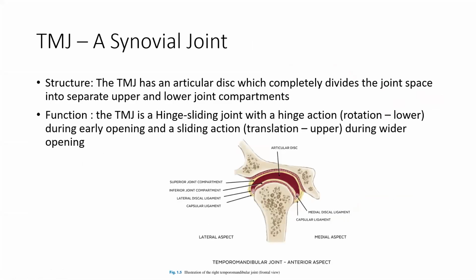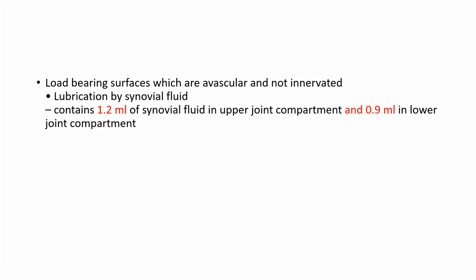The temporomandibular joint has the articular disc, which is interposed between the temporal bone and the condyle of the mandible, and this articular disc divides the joint into the upper compartment and the lower compartment. The upper compartment helps in the translation of the joint, whereas the lower compartment helps in the rotation of the joint during the opening and closing of the jaw.